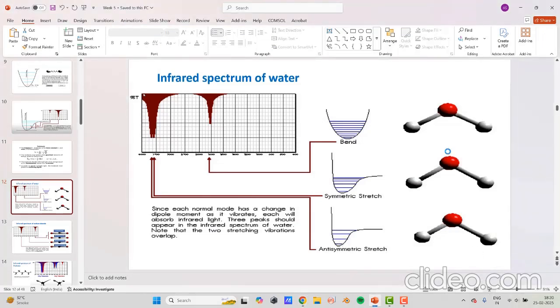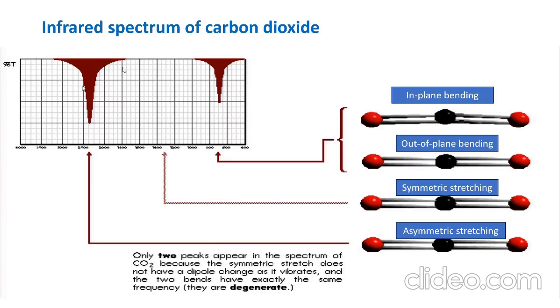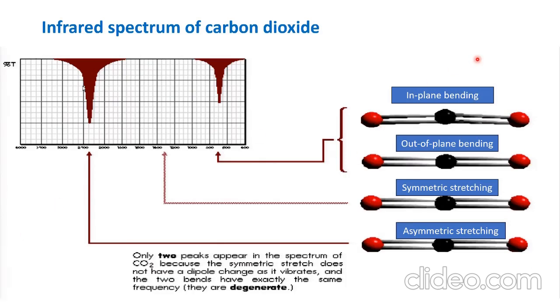So depending upon the vibration mode, symmetric stretching or anti-symmetric stretching, the spectra will be in the higher frequency region, and in the bending mode, the spectra will be in the lower frequency region. And in the case of a carbon dioxide molecule, we have in-plane bending and out-of-plane bending.